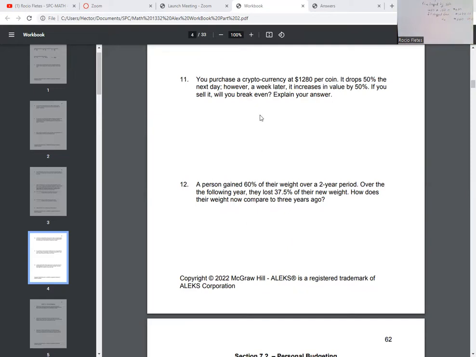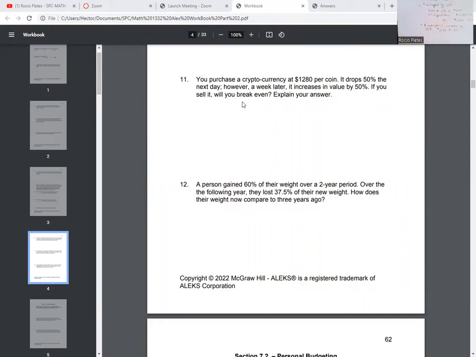And then it says that a week later, so I'm writing all this down. A week later, remember, the new price is 640. It increases by 50%. So now you have to calculate 50% of 640.